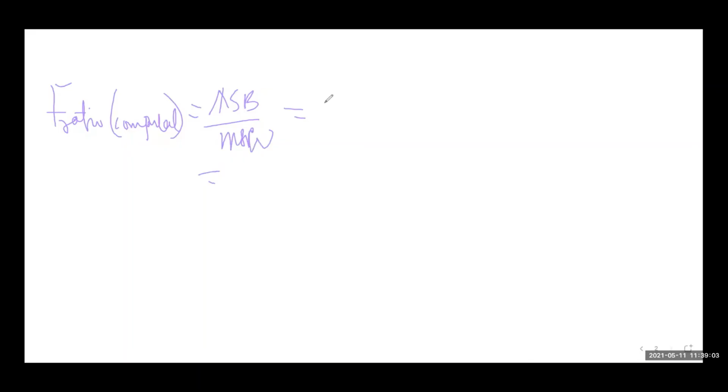MSB was 2358.2, and MSW was 93.3. So I have 25.275. This is my F computed. Good. Now I need to also define my F critical.